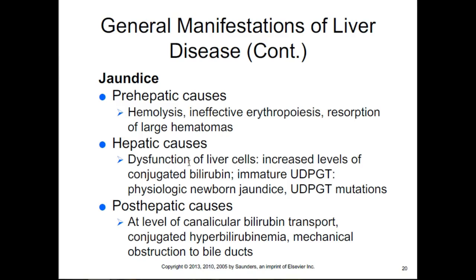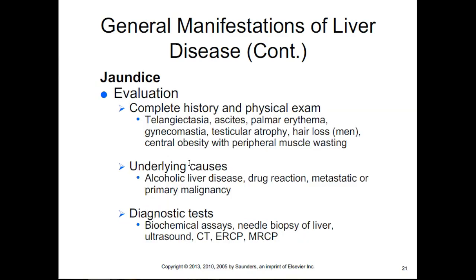Immature enzyme UDPGT, physiologic newborn jaundice, could be from UDPGT mutations. Post-hepatic, right, at the level of your bilirubin transport, or conjugated hyperbilirubinemia, and then mechanical obstruction of the bile ducts. So those are some of the different causes of jaundice.